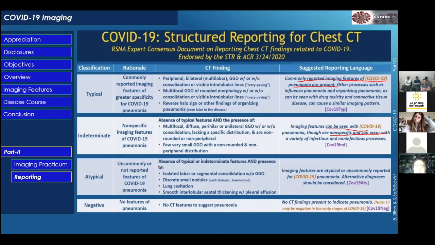Atypical cases, however, are different. These imaging features are atypical or uncommonly reported in COVID-19 infection. It's very important to report cases like this because it's going to save you a lot of time for the follow-up, for example.